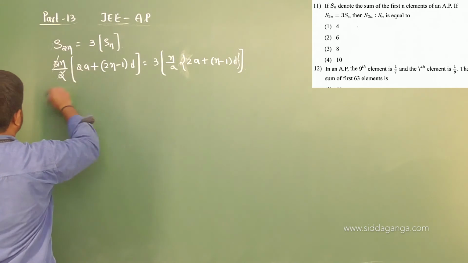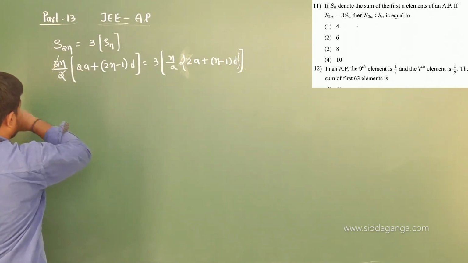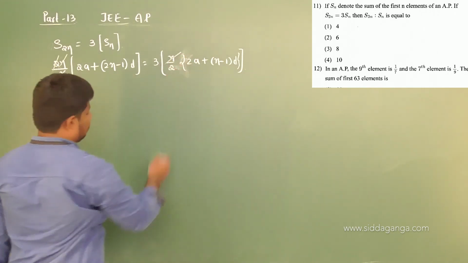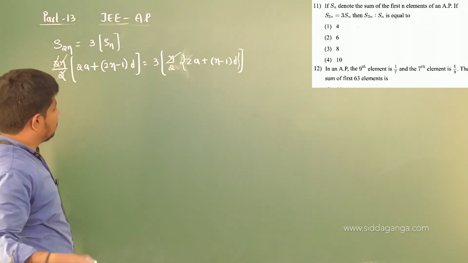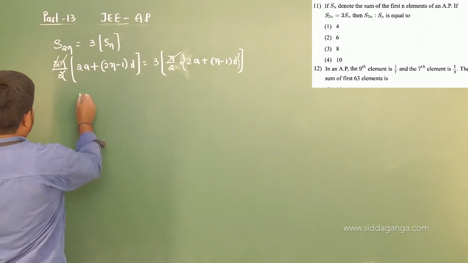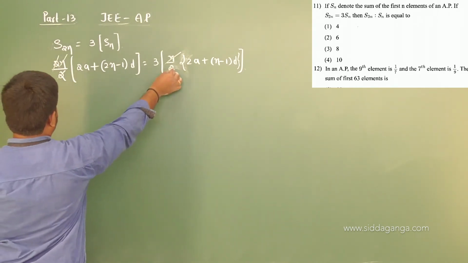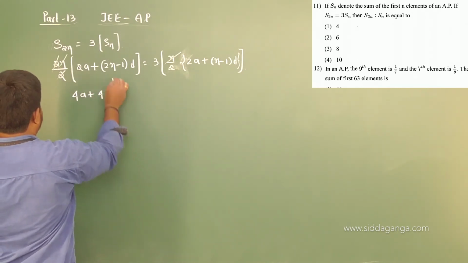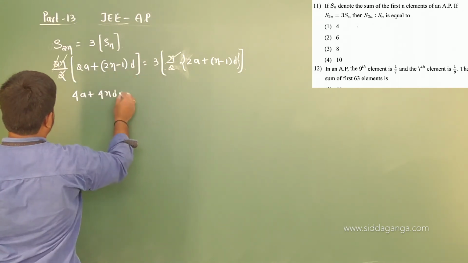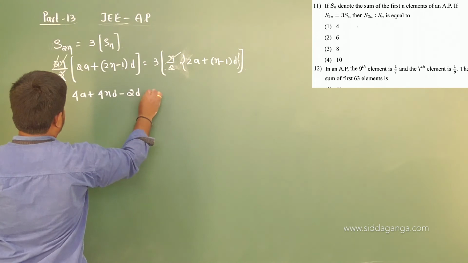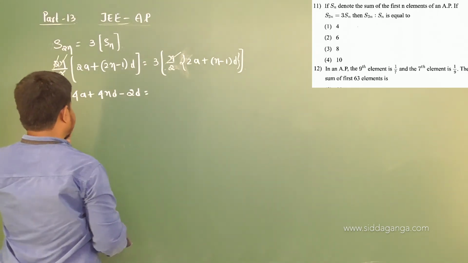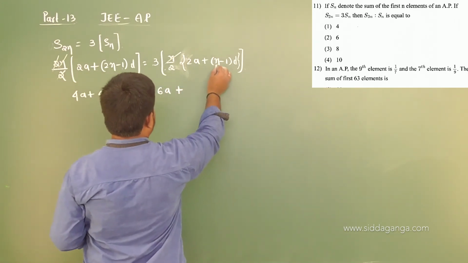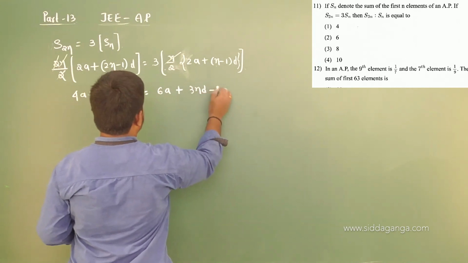Let me multiply with 2. The n gets cancelled. What remained? 4a plus 4nd minus 2d is equal to 3 into this, 6a plus 3nd minus 3d.